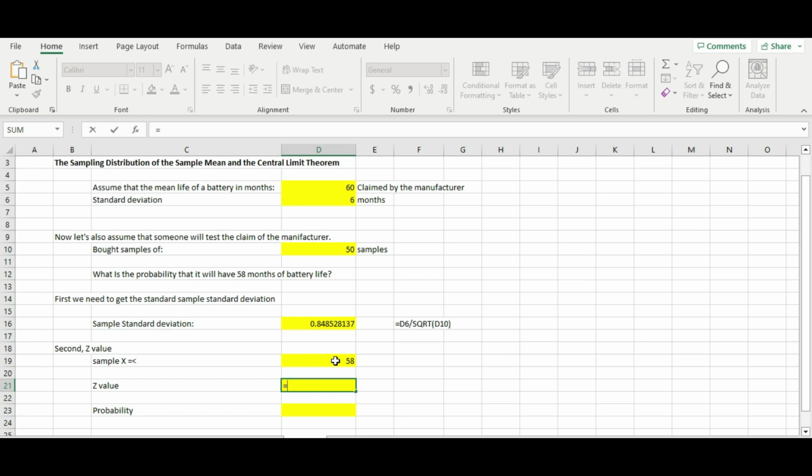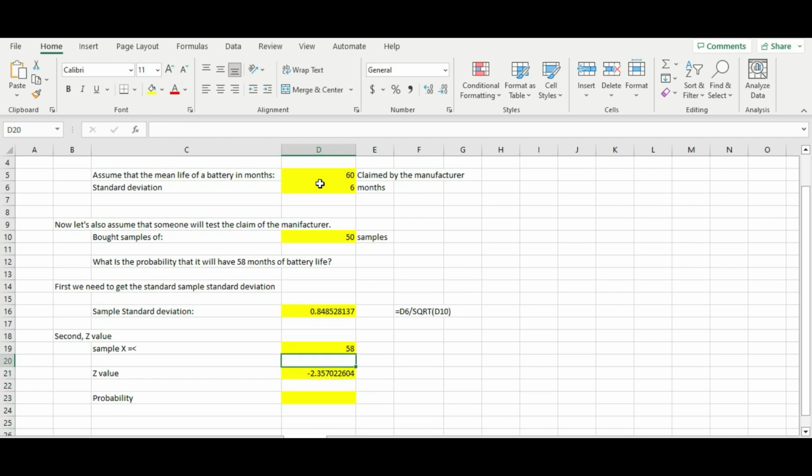In order to get the true value, you need to take the difference between the sample mean life and the population mean, divided by the standard error. Here we have 2.35.